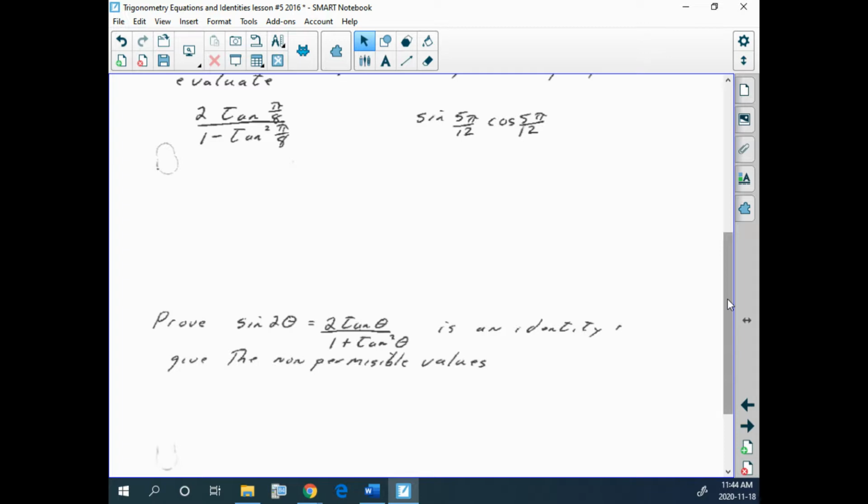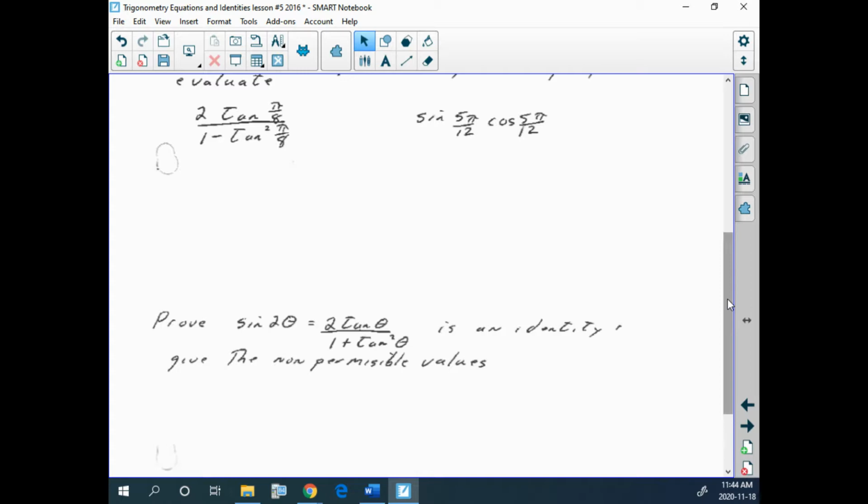Well, that's S. One plus tangent squared where theta cannot equal 0.